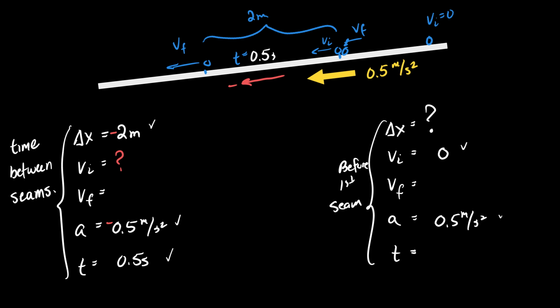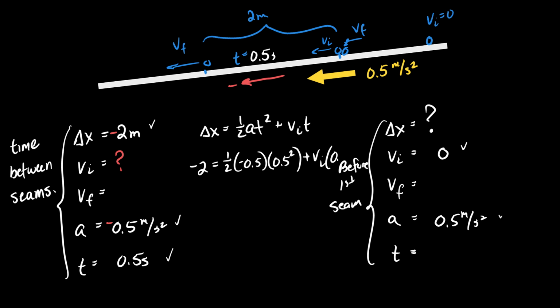I think I'll use delta x equals 1/2 a t squared plus vi times t. So -2 equals 1/2 times -0.5 times 0.5 squared plus vi times 0.5.